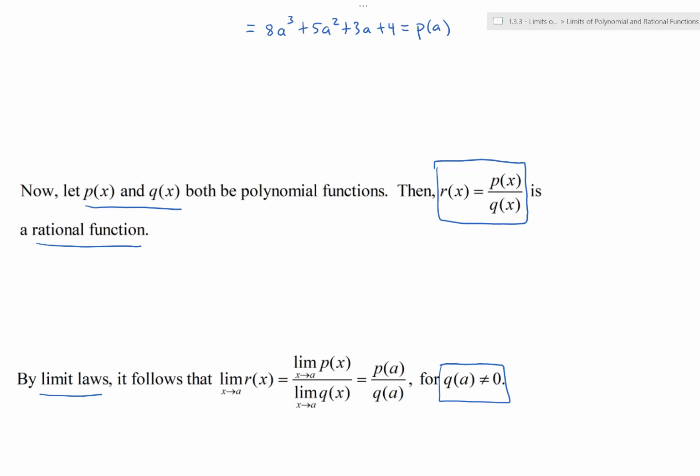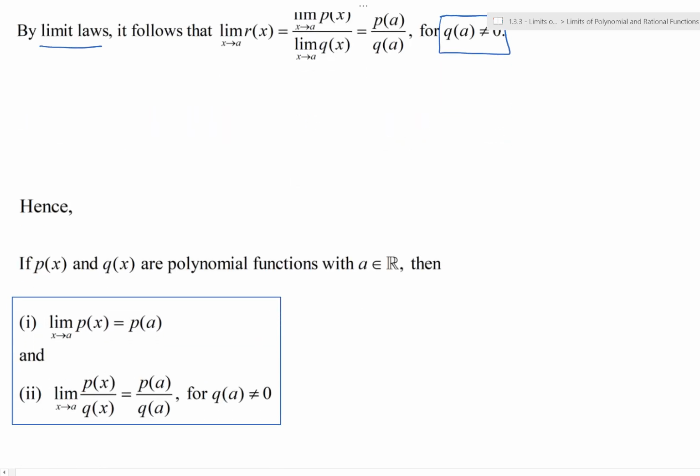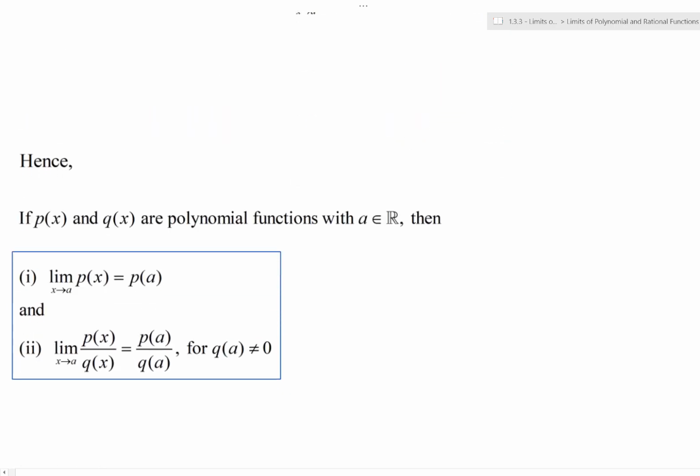So we can summarize these results. If you have two polynomial functions, p of x and q of x, and you have some real number a, then part I says the limit as x goes to a of a polynomial function p of x is just the output value p at a, just the output of the polynomial at that location.